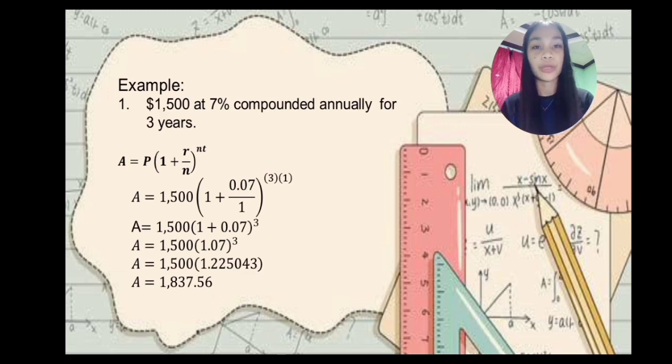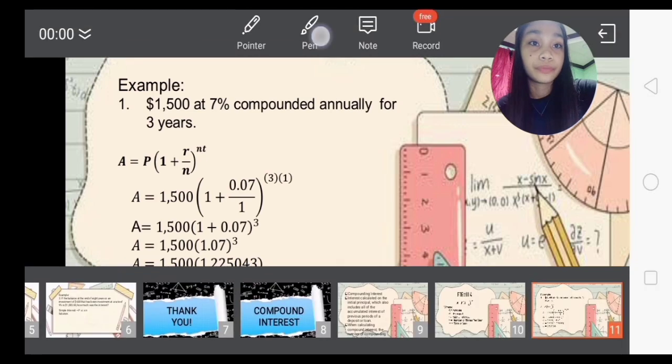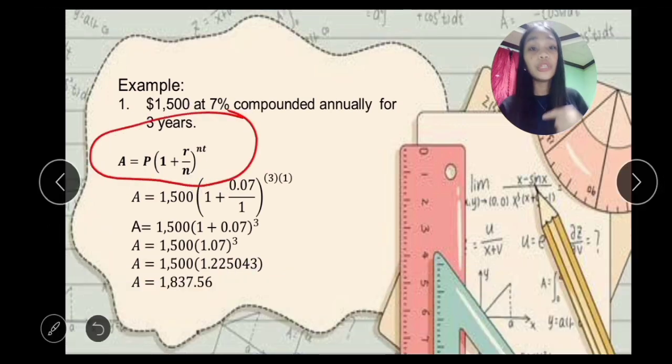Example number 1: 1,500 at 7% compounded annually for 3 years. When we say annually, it's only once. Our formula is here. All we need to do is find our P, r, n, and nt.